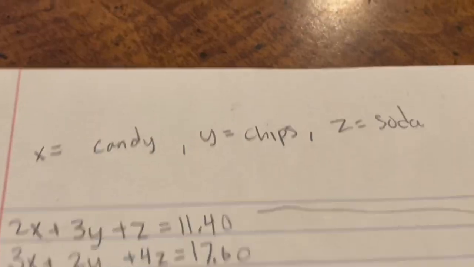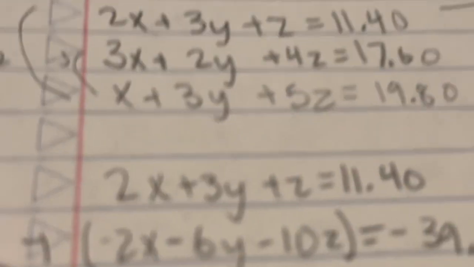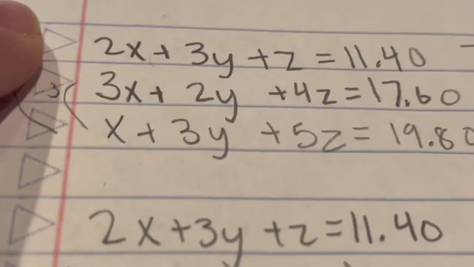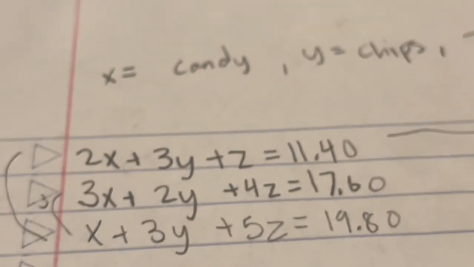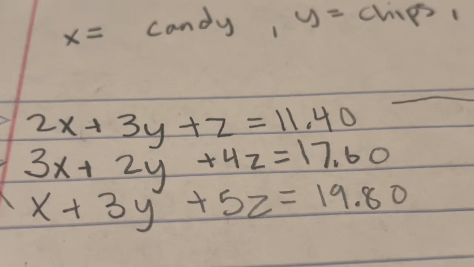If we decide that x is equal to candy, y is equal to chips, and z is the soda, we can make a system of equations with the last three transactions that Alan made. And now we can solve. If we solve the system of equations, we can figure out how much he's charging.